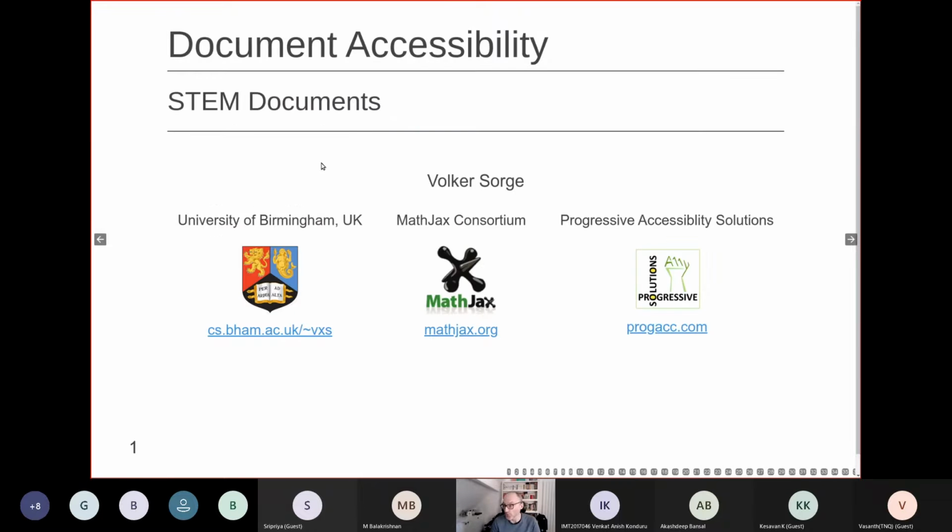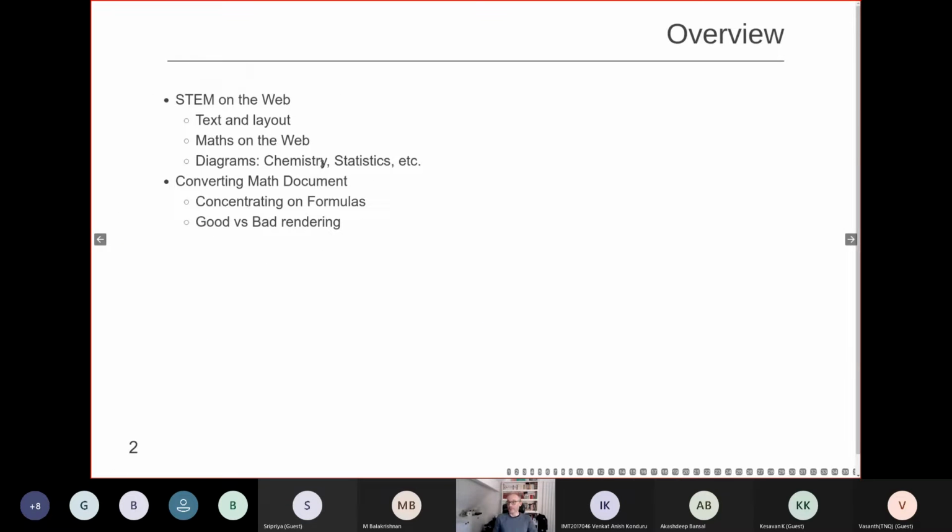So what I'll be doing today with you is we'll have a quick look into what STEM documents are, what that actually means, what STEM documents mean if they are on the web, what the difference is. And then we can particularly look at what is difficult in STEM, which is not necessarily given in the regular documents that we were converting so far.